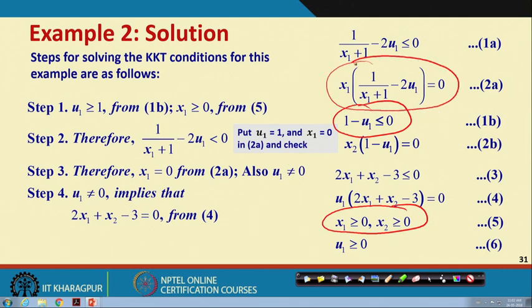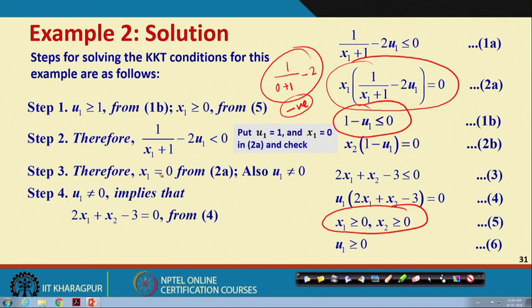What you get? You get 1 by 0 plus 1 minus 2. These are floor values, and if I put floor values, can you see that this is negative. So, in 2a, by putting u1 equal to 1 and x1 equal to 0, the value within the bracket is actually negative.